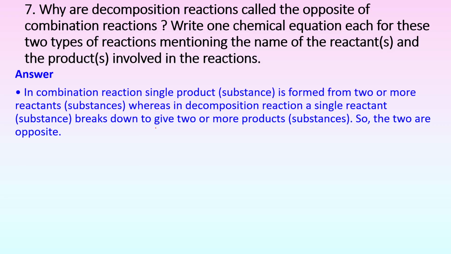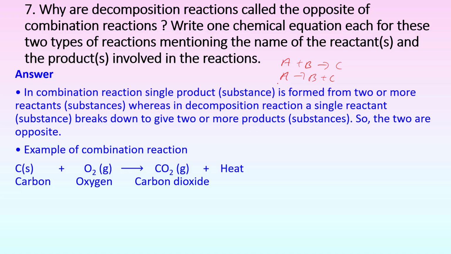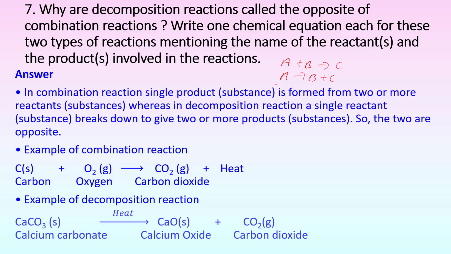First, in combination reaction, a single product is formed from 2 or more reactants, that is A plus B gives rise to C, and in decomposition reactions a single reactant breaks down to give 2 or more products, that is A gives rise to B plus C. So the two are opposites. Next, example of combination reaction is carbon plus oxygen gives rise to carbon dioxide plus heat, and example of decomposition reaction is calcium carbonate gives rise to calcium oxide plus carbon dioxide when it is heated.